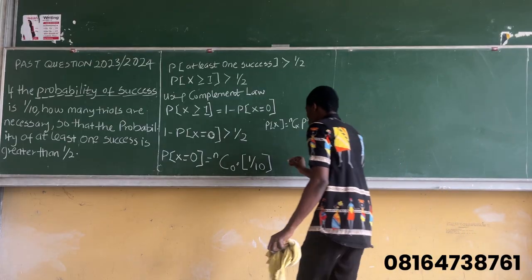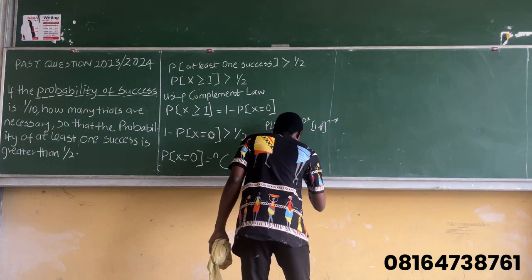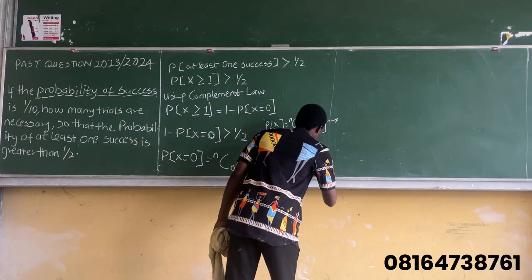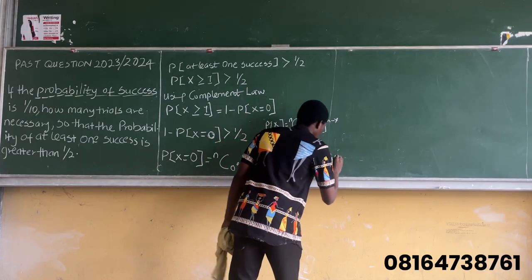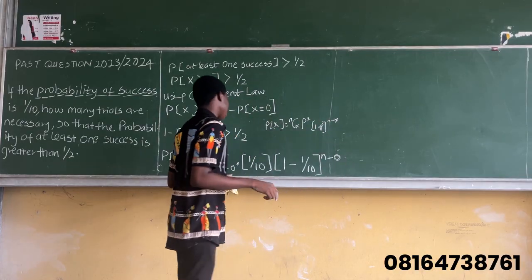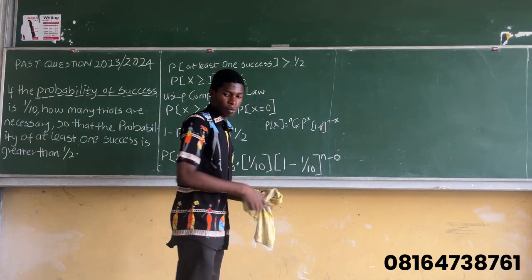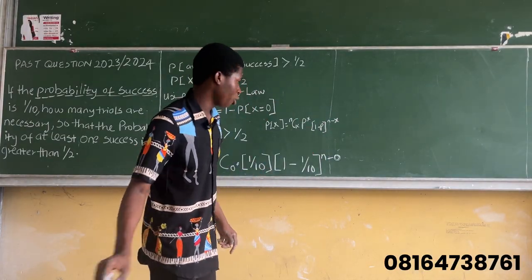So now this is 1 minus 1 over 10 to the power n minus 0, whereby our x is 0. So we are just basically substituting all our values.